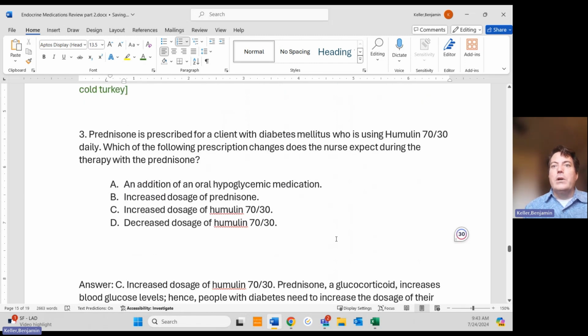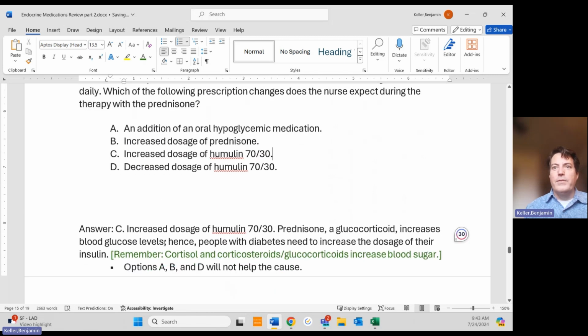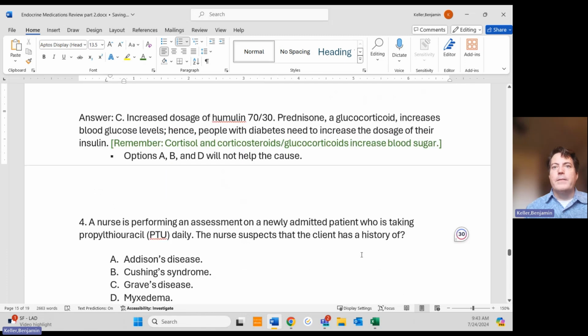They increase your blood sugar. So if we're increasing your blood sugar, we probably should increase your insulin. So the answer is C, increased dosage of insulin. Prednisone is a glucocorticoid. It increases blood glucose levels. Hence, people with diabetes need to increase their dosage of insulin. Remember, cortisol and glucocorticoids increase blood sugar. All right, let's keep going.